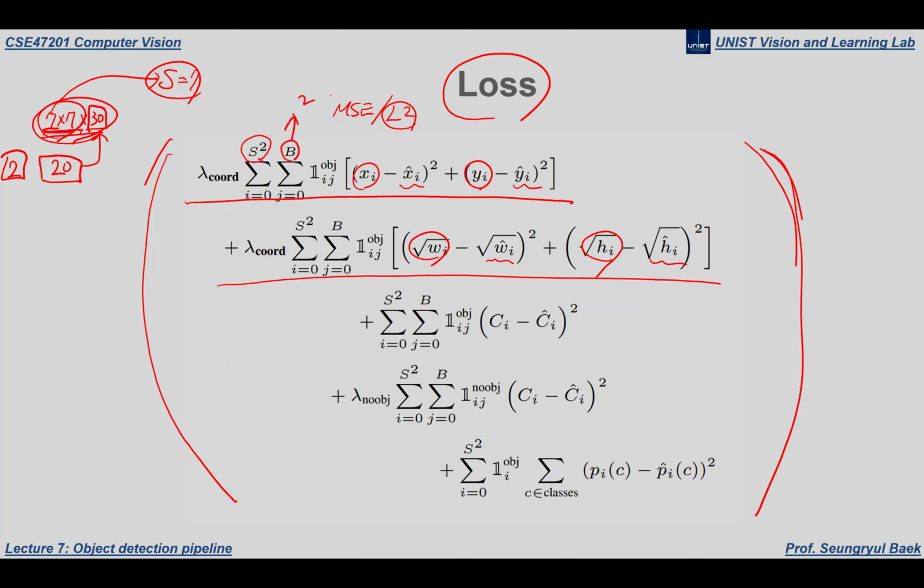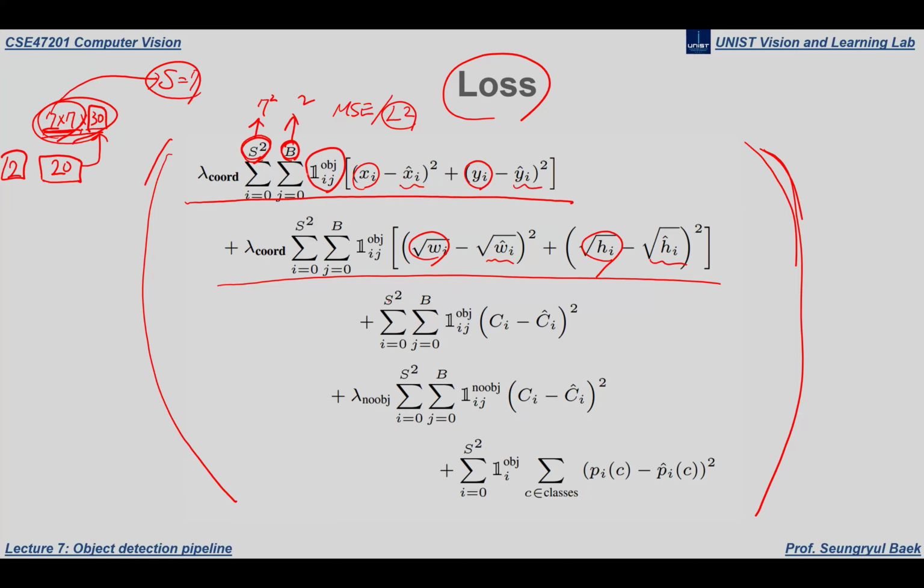For each grid cell, they normally find 2 bounding boxes, but in general we say they estimate B bounding boxes. So this is 2, but we denote it as B. So this is 7 squared. So for all the grid cells and for all the bounding boxes inside, if they are grid cells which have an object inside.